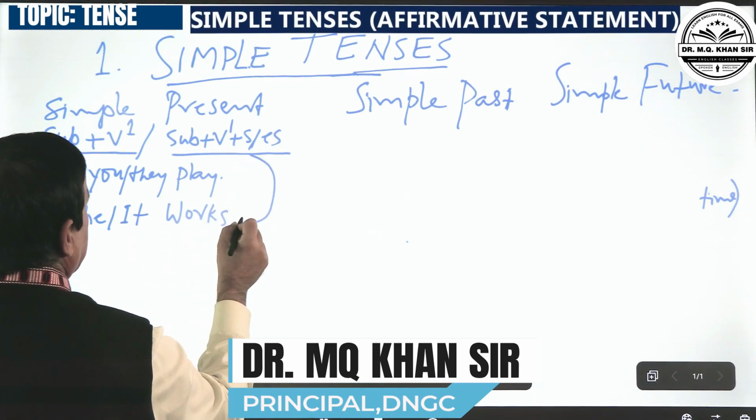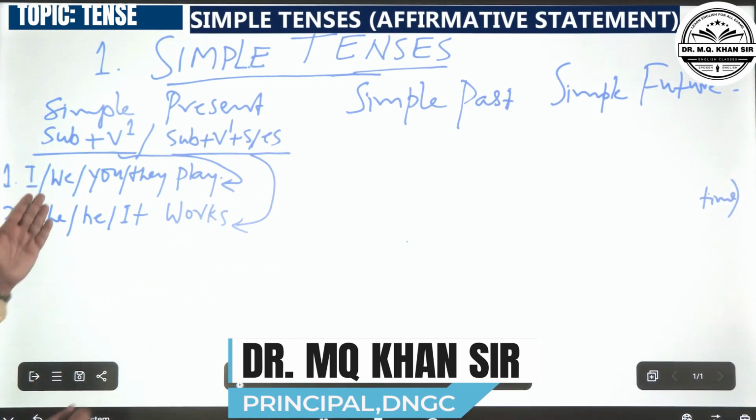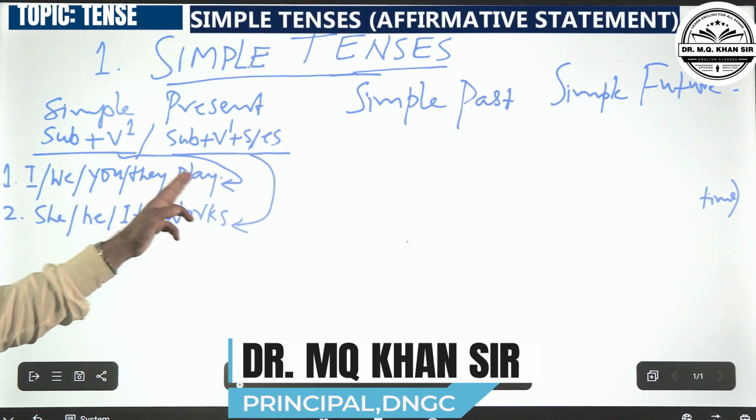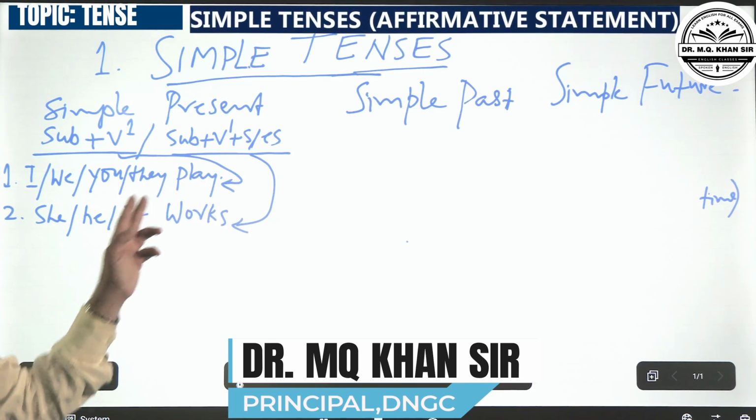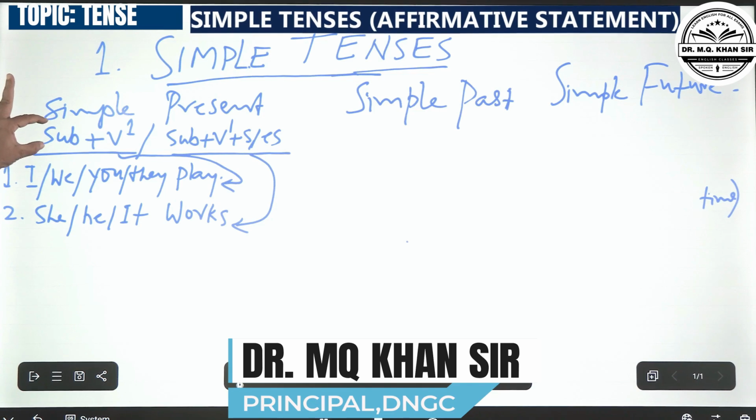This formula is to be followed here when the subject is other than third person singular number. I play, we play, you play, they play, Gyati and Salas play. This formula shall be followed.